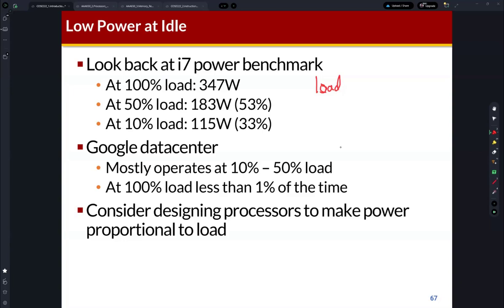Okay, so we expect that the CPU consumes power proportional to the amount of workload. Right. So actually, we expect that we can get paid based on our amount of work.